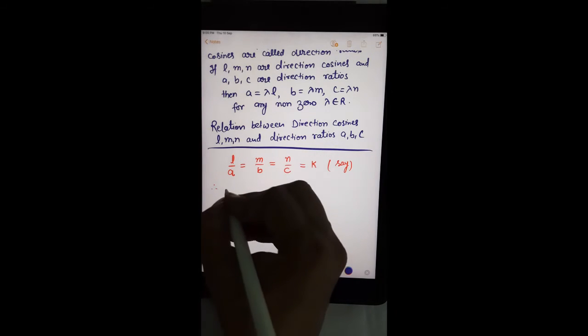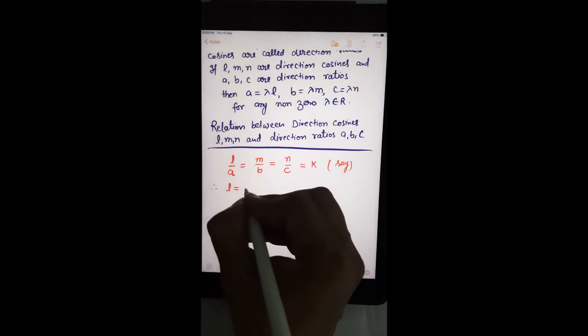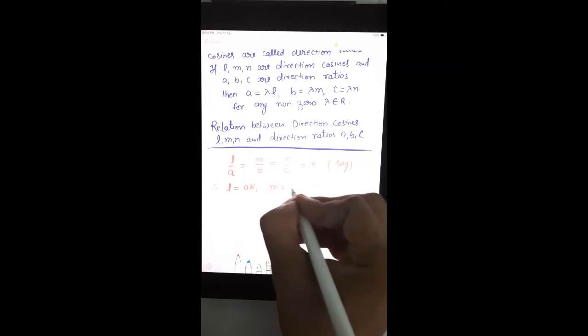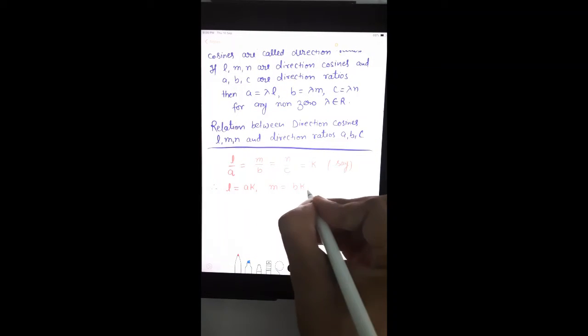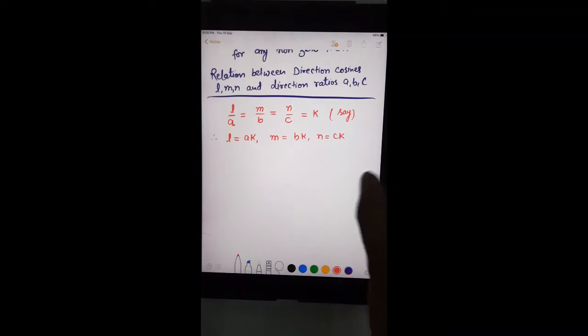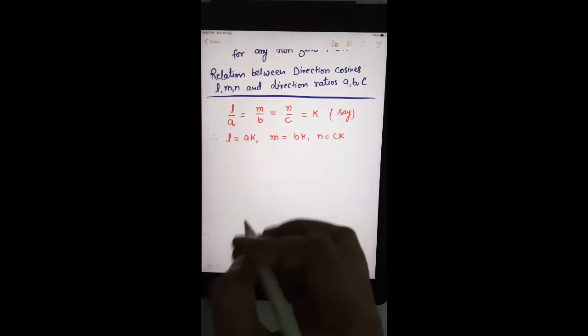Therefore, we can get L is equal to A into K, M is equal to B into K, and N is equal to C into K. Is it clear?